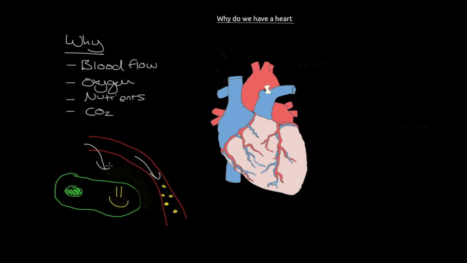Then we would also get things with that blood flow, like oxygen and nutrients, coming to the cell, which it can use. So if we look at what the jobs of the heart are, the first job is to act as a pump.